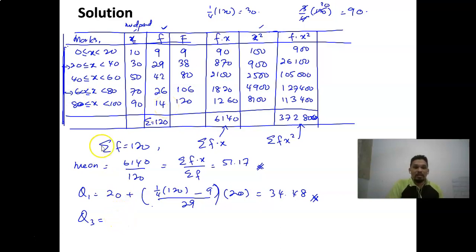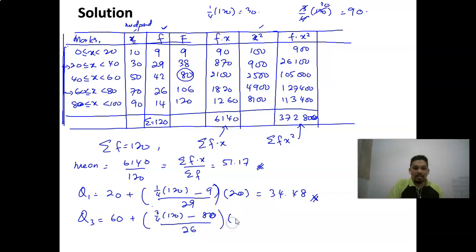So now the lower boundary, the minimum of this class, is 60, plus 3/4 times 120 minus the cumulative frequency before the third quartile class, which is 80, divided by the frequency of the third quartile class, which is 26.